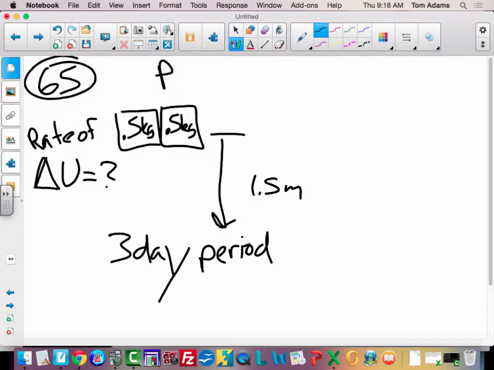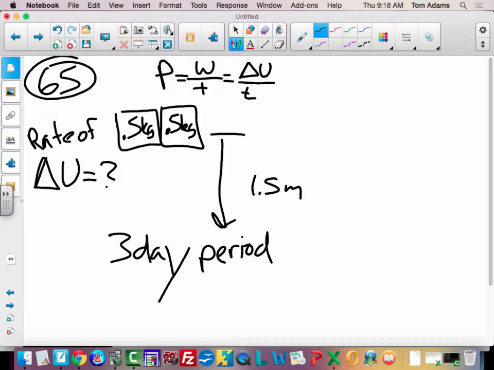Why? Because power is equal to work over time, but that could also be the change in potential energy over time. Does that make sense? It's a rate of change. In other words, there is a change in potential energy over time. So that's what they want us to calculate, the power.